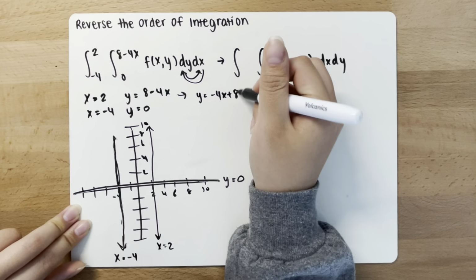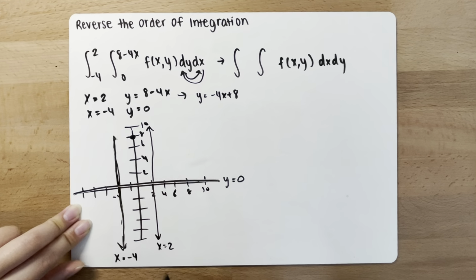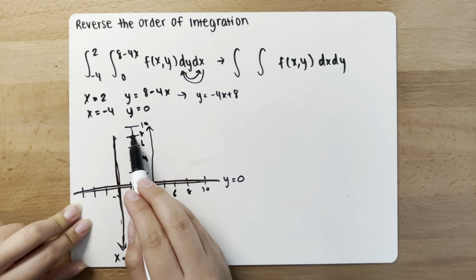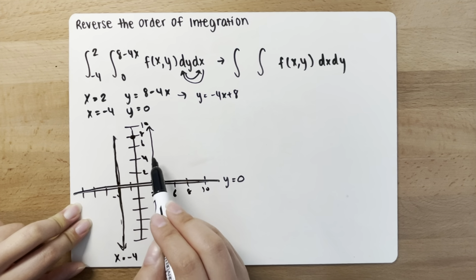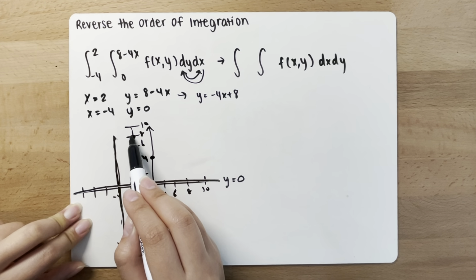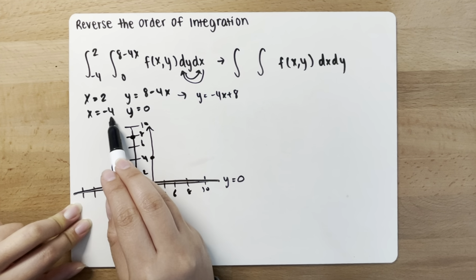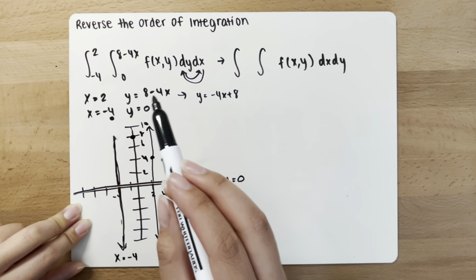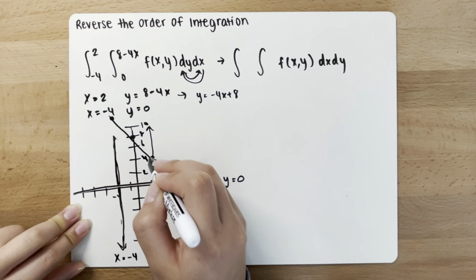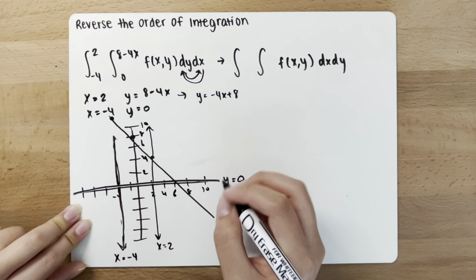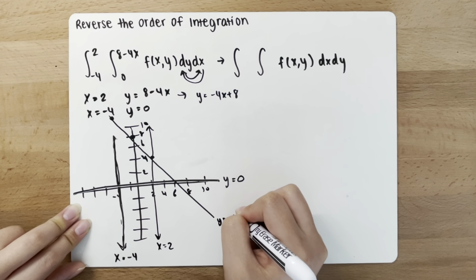So the y-intercept would be at 8, here. So you rise 4, run -1. Alright, so this would be the line y equals -4x plus 8.